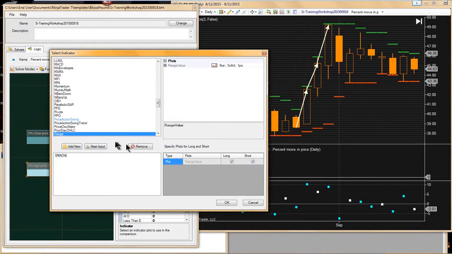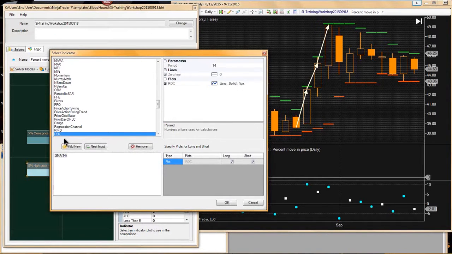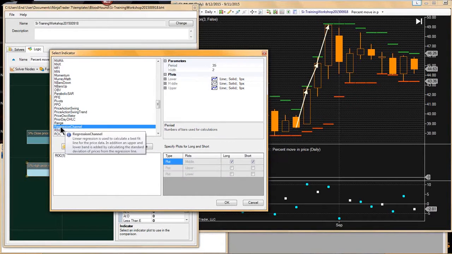Let's go find our rate of change indicator. There's our rate of change, and we want a 1 period.